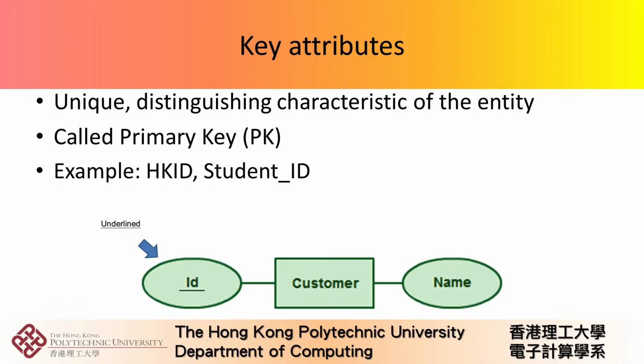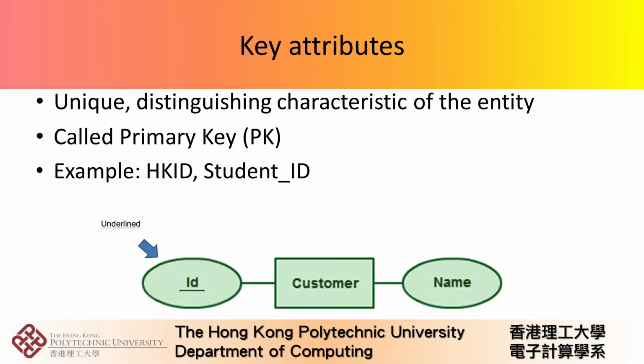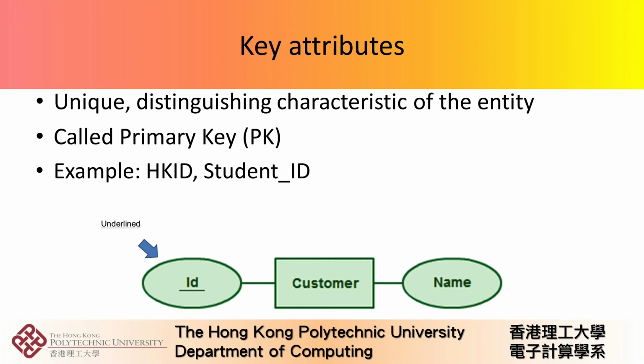Key attribute is the unique distinguishing characteristic of the entity, which is called the primary key. For example, Hong Kong ID and student ID can be the primary key of the entity. When drawn in ER diagram, the key attributes should be marked by underline.